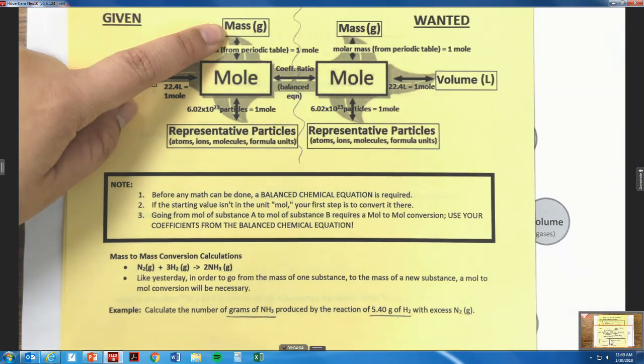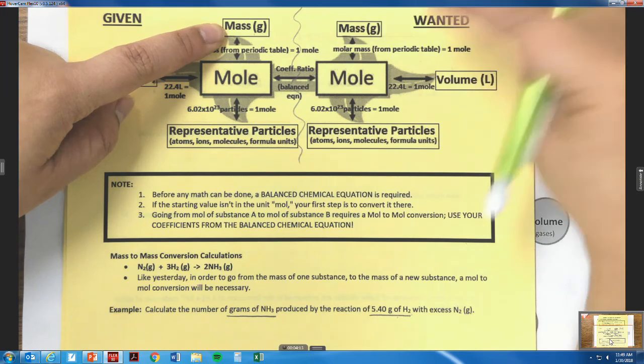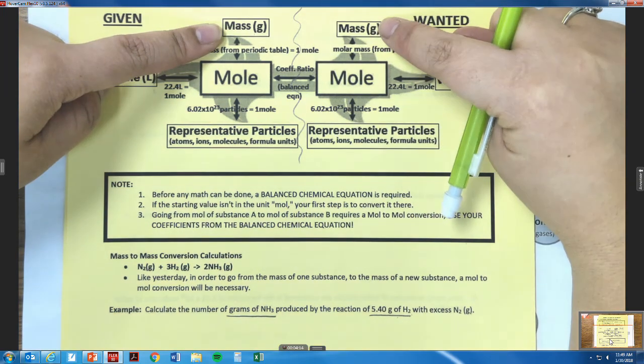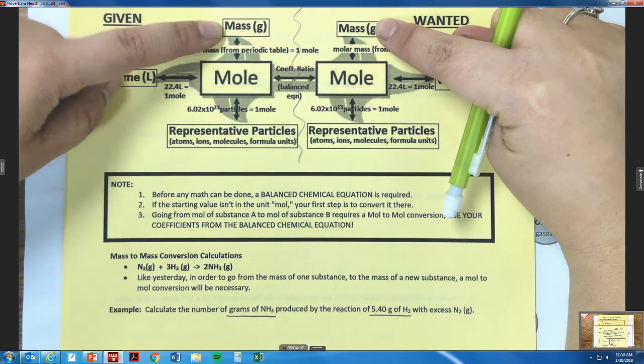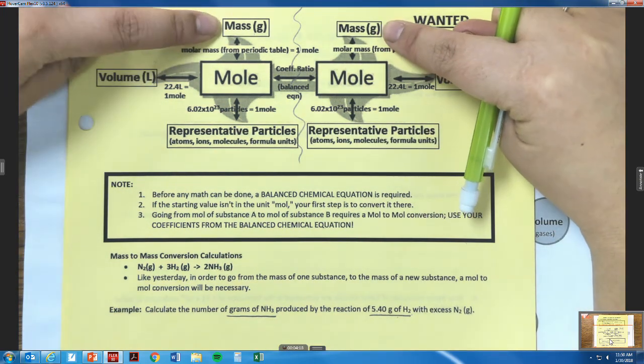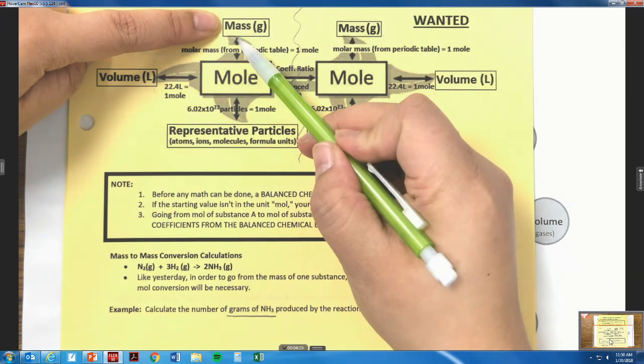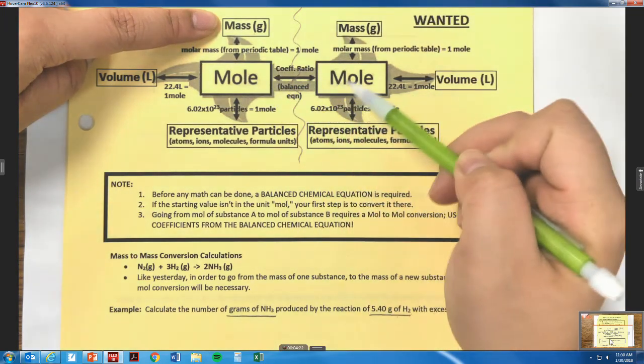My question is asking for the number of grams of ammonia, so grams of ammonia would be on this side of my mole map. Remember, you have to stay on the road of your mole map.